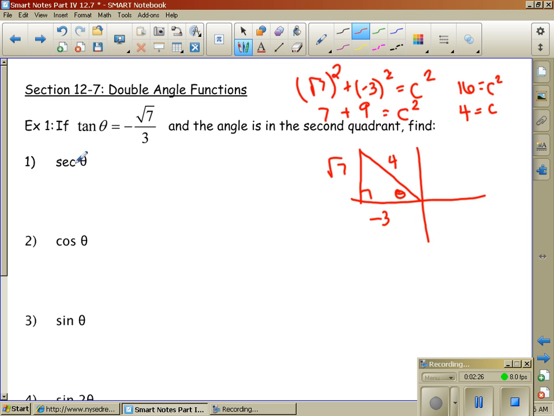Okay, so secant is 1 over cosine. Cosine is adjacent over hypotenuse. So secant would be hypotenuse over adjacent. So the secant of theta would be 4 over negative 3.